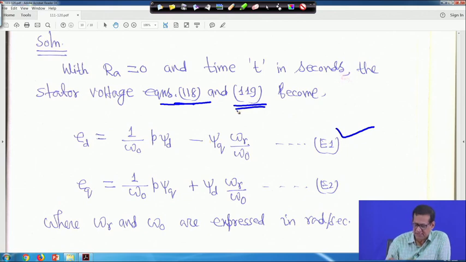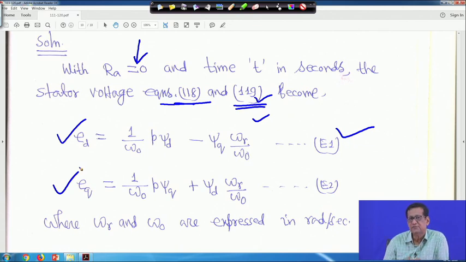And from 119, Eq is equal to 1 upon omega 0 P psi q plus psi d omega r by omega 0. You substitute Ra equal to 0 in 118 and 119 and you get equations like this.